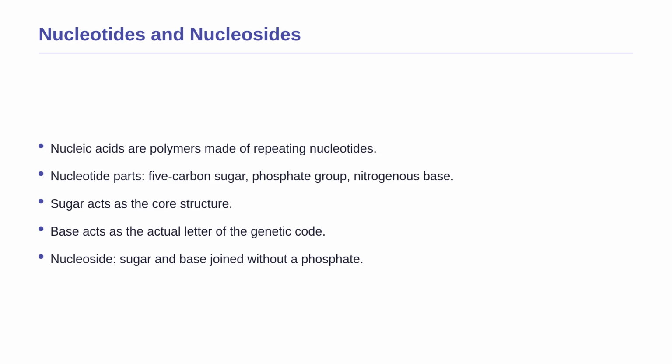Each individual nucleotide is composed of 3 distinct parts: a 5-carbon sugar, which acts as the core, a negatively charged phosphate group, and a nitrogenous base, which acts as the actual letter of the genetic code. Interestingly, when just the sugar and the base join together without the phosphate, it is called a nucleoside. But once that phosphate attaches, it becomes a complete nucleotide, ready to build a nucleic acid.